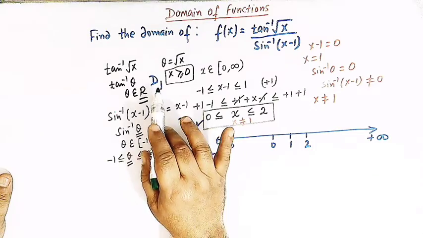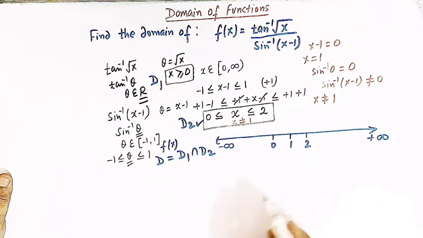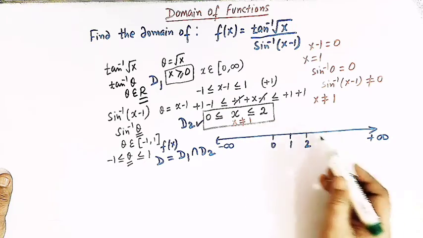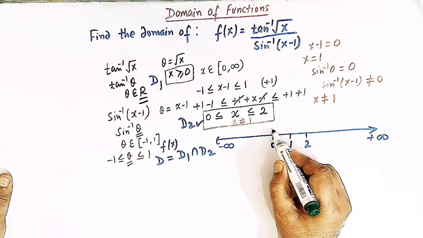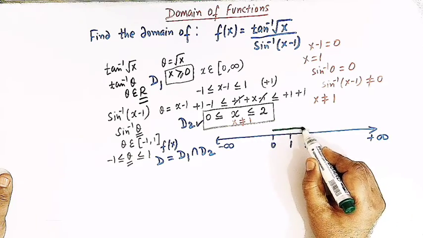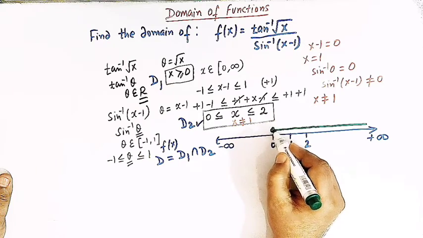So now the domain D1 is given by x greater than or equal to 0, right? So we have this region, that is x greater than or equal to 0 is given by this region. So here this 0 is included.